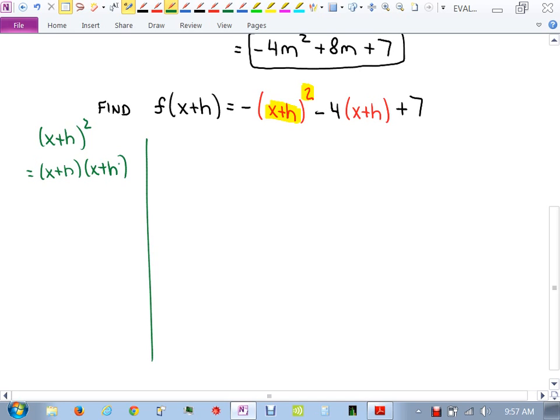You have to do the FOIL. So does that look familiar? 2 terms times 2 terms, you multiply those. The first multiplication, x times x gives you x squared. X times positive h gives you a positive xh. The inside, h times x is still x times h. And the outside, plus h squared.